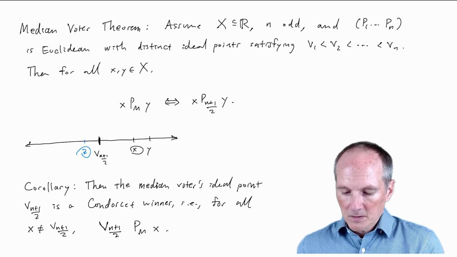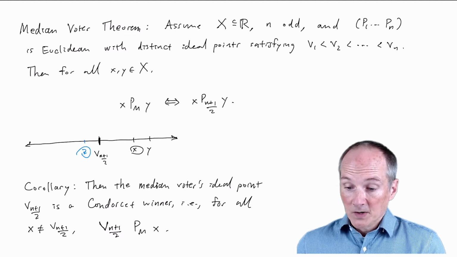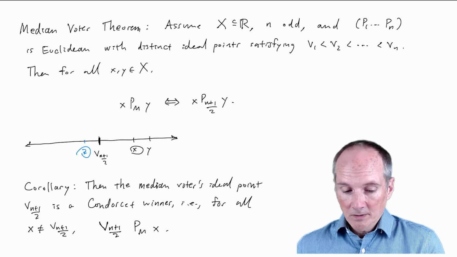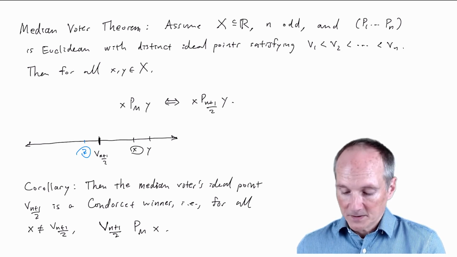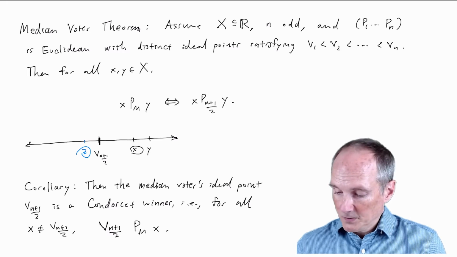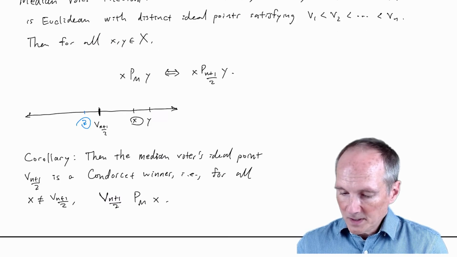Okay, so you can see that the median here plays a super important role, and it's very tightly connected to the majority preference relation. So let's just do a proof of this.